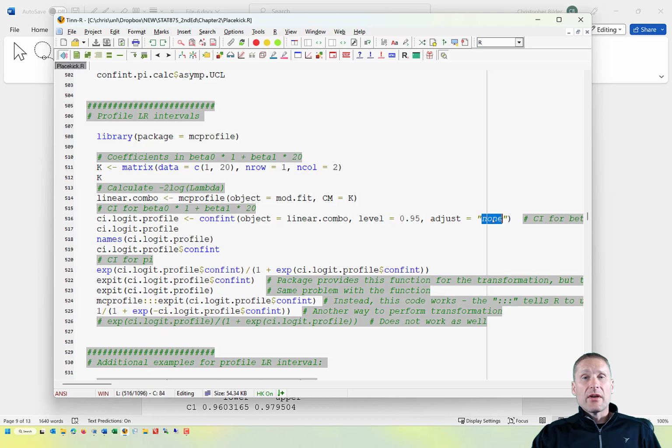So for example, if you want to make a Bonferroni adjustment, you can type in the word Bonferroni in there. If you left this off, it will automatically do an adjustment for you using something that's very similar to Tukey's honest significant difference method that you would typically see in an intro stat course. If you haven't, let me know and I can explain it.